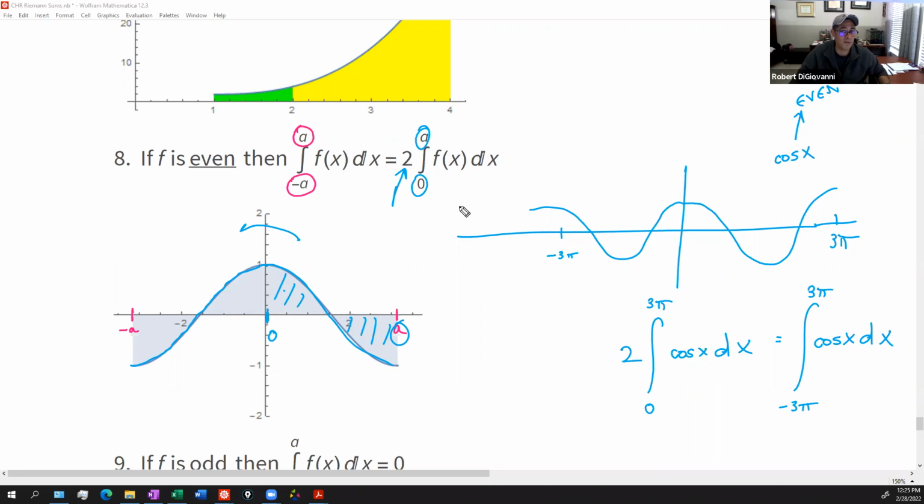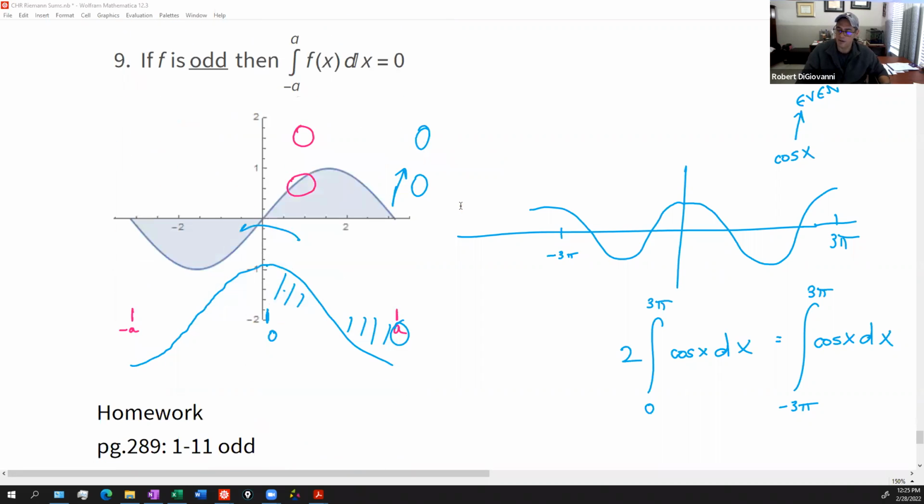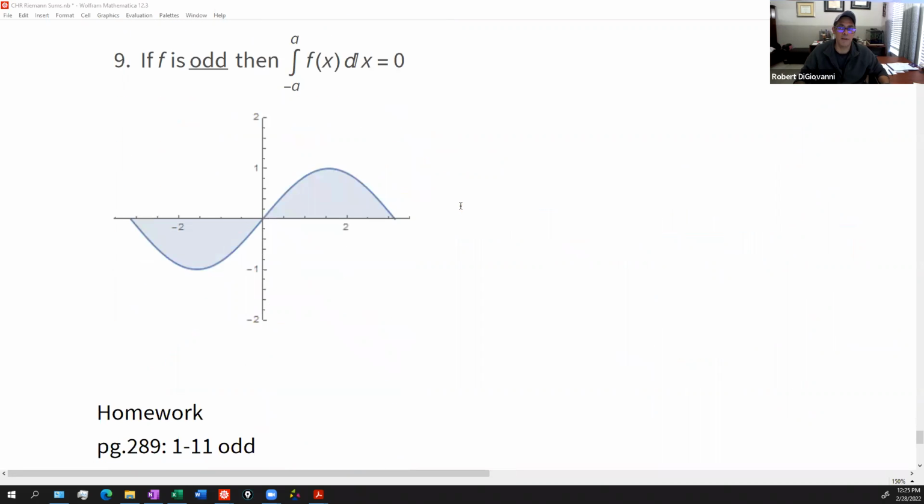Now, what about an odd function? Do you remember what an odd function looks like? Odd functions are reflections over the origin, which means it's a double reflection. All odd functions are reflected over y and then x. So this is an example of an odd function. And is it obvious to you that if I go from negative a to a, no matter what, it's going to cancel itself out?